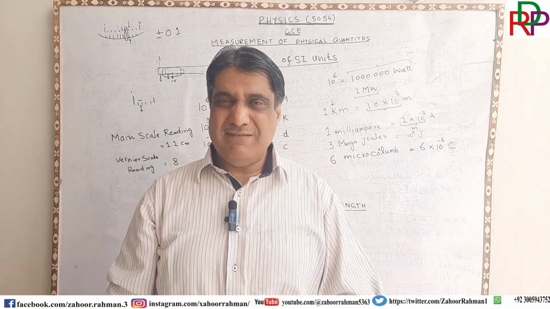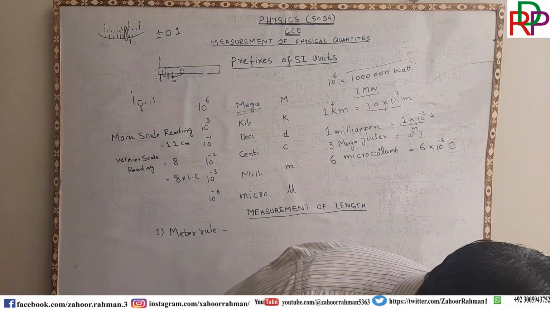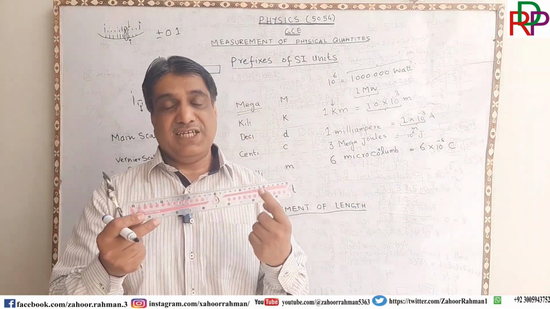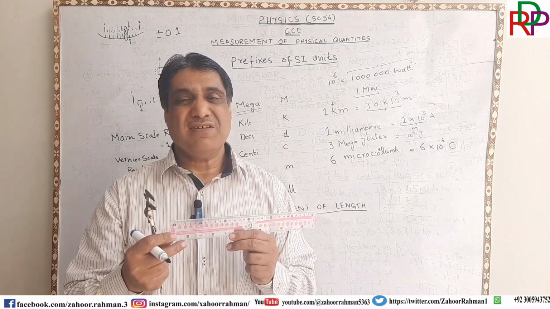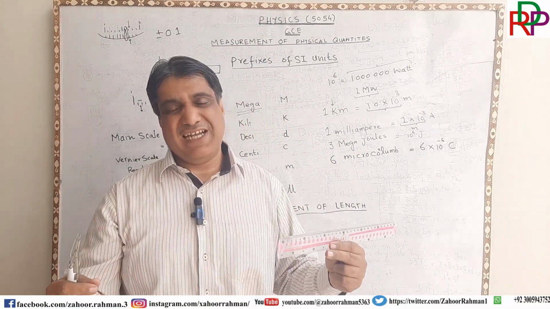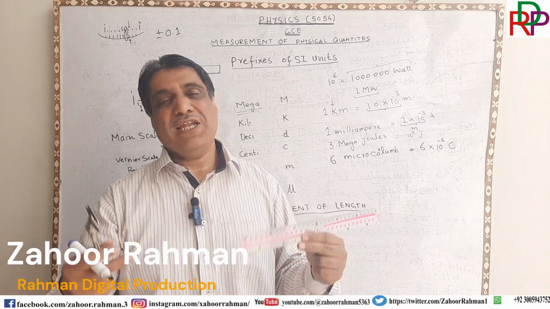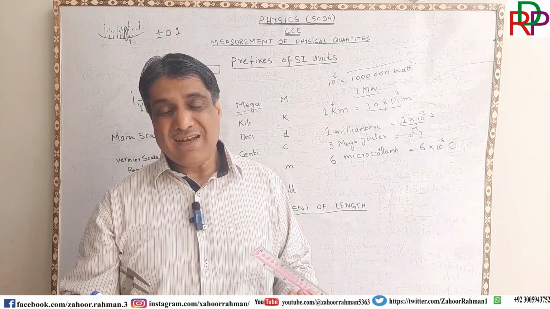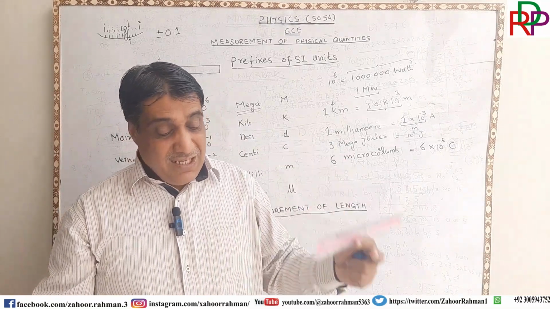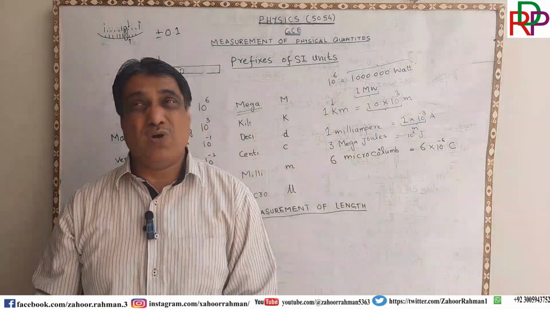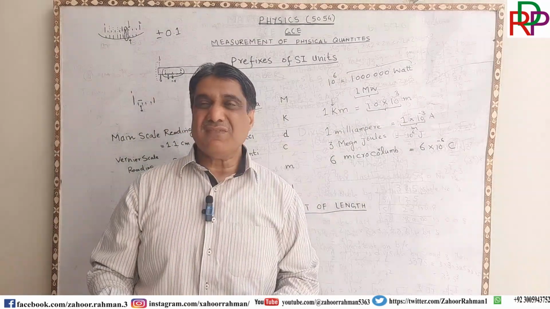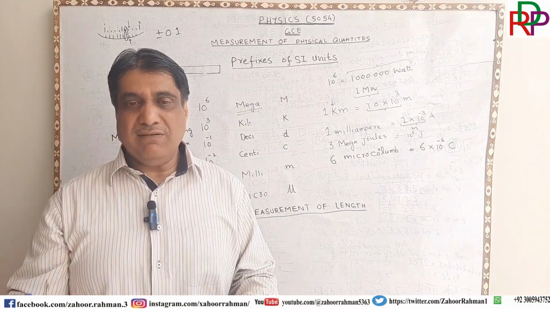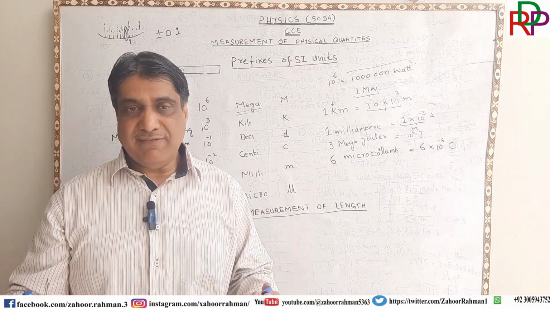For example, in this scale, what is the least count of this scale? If we are talking in 1 centimeter, it cannot take 0.1. That is not the capability. If somebody asks you what is the least count of a clock on the wall, it is 1 second.